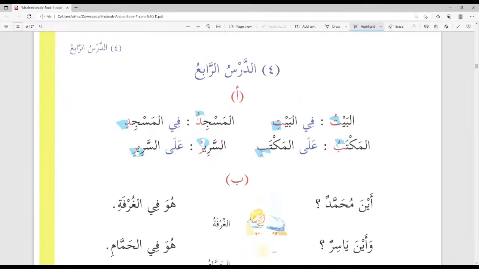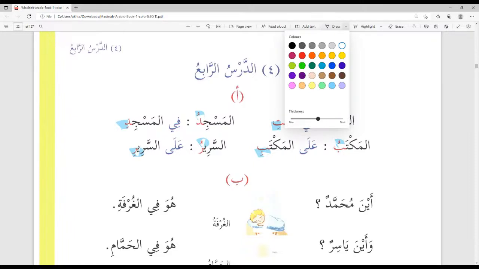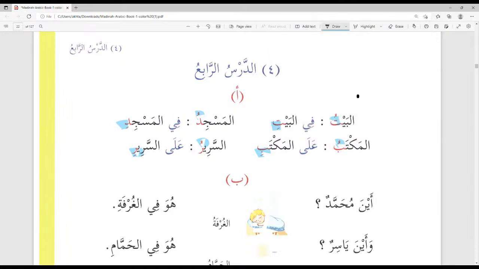Yes. So if we go back to our previous lessons, the last lesson where we studied just normal words like baytun. I mentioned baytun, and it ends with 2 dhammas.